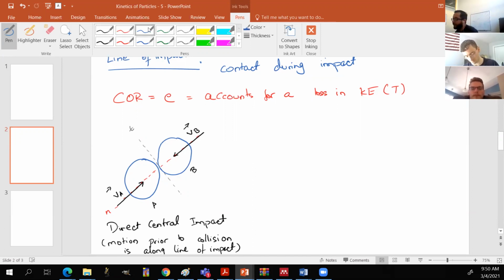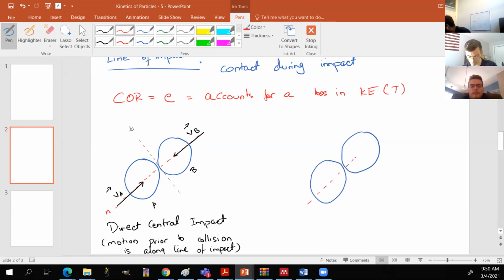Or you could have the fact that they're not along the normal line, and that's called an oblique impact, right? So let's draw that out. So you have one ball, another ball, right? You have the centers being joined by the line of impact, and you've got your tangential direction, right? Oh, I hadn't defined it, but let's say this guy here is the line of impact.